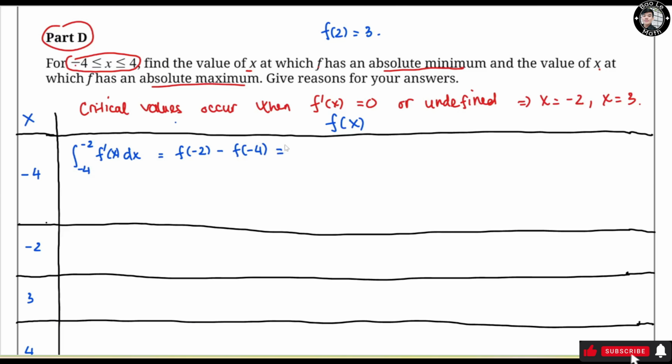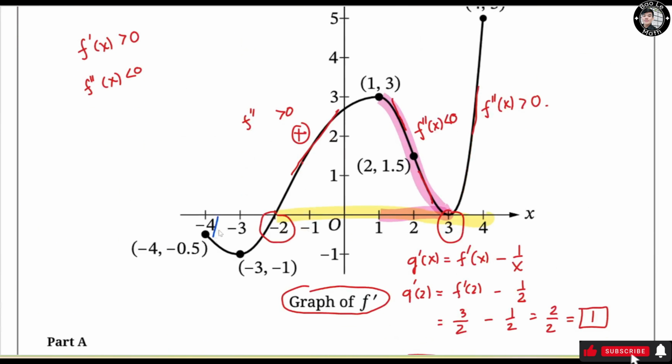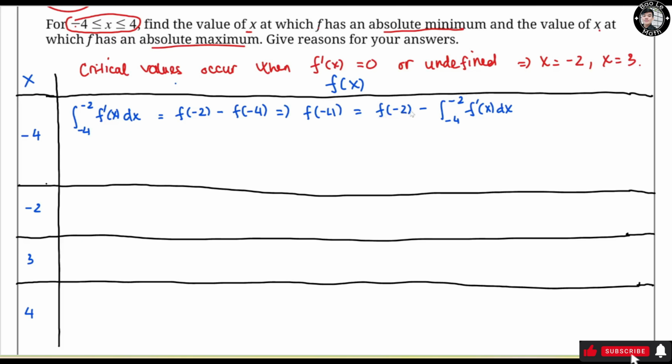So then f of -4 equals f of -2 minus the integral from -4 to -2 of f prime of x dx. Now we look at the graph: the integral from -4 to -2, this one right here, is below the axis, so it should be negative. So f of -2 minus a negative number is the same thing as f of -2 plus a positive constant a. So this one is always greater than f of -2.